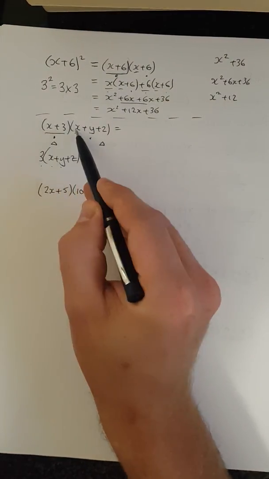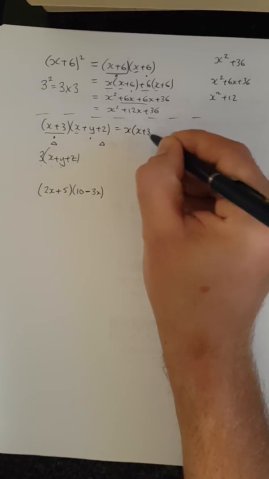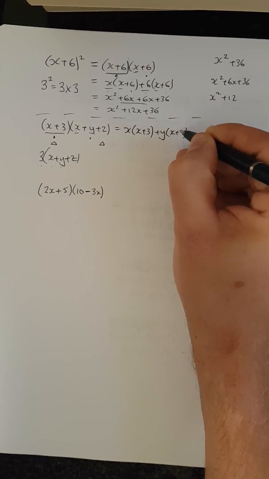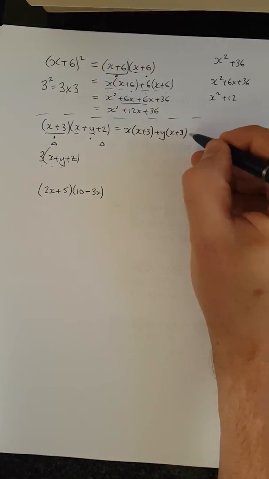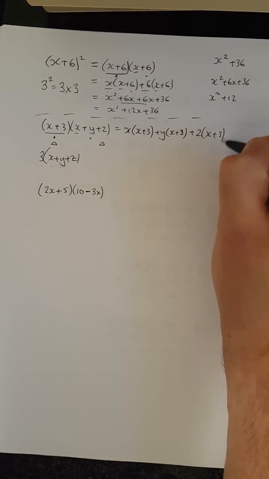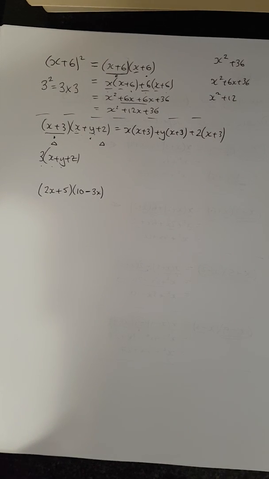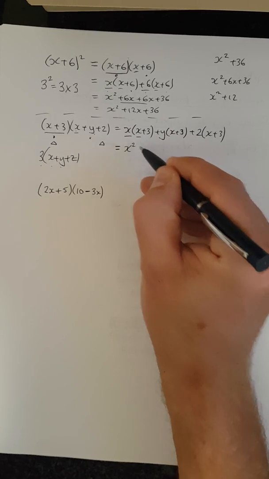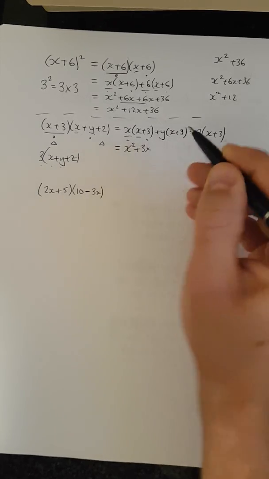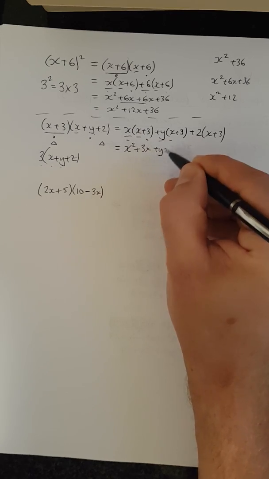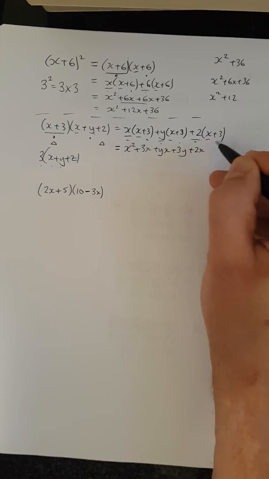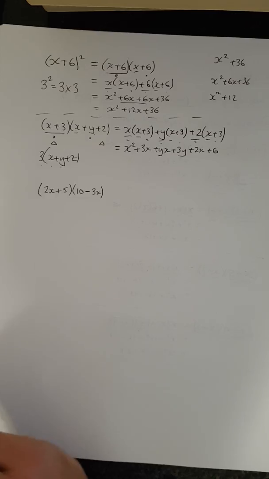So the thing outside times by the first term, the thing outside times by the second term, the thing outside times by the third term, so expand the single brackets, and then look for simplifying.